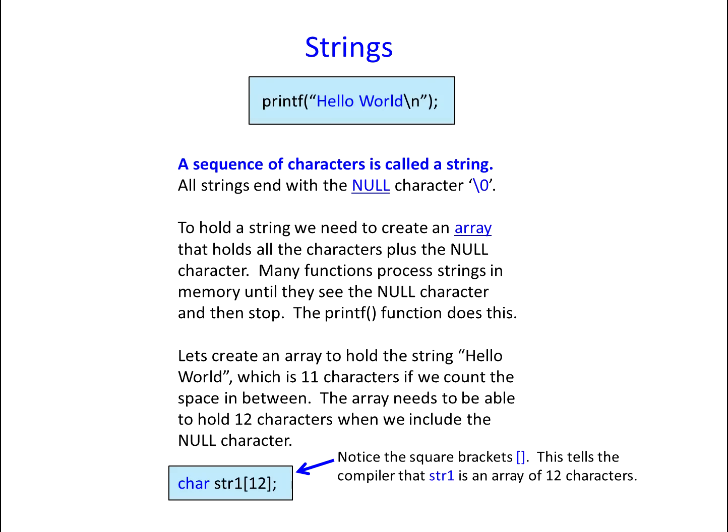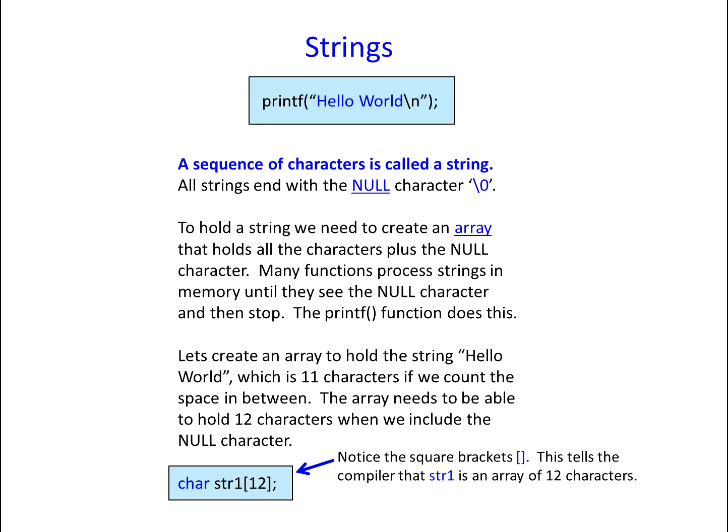And that null character is important because the printf function and other string processing functions just keep going until they see that null character and stop. So if you happen to put in a starting point and it's at the wrong place, it could just be wandering through memory until it finds this null character, which wouldn't be what you want to happen.